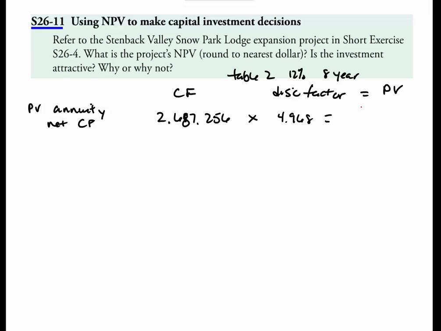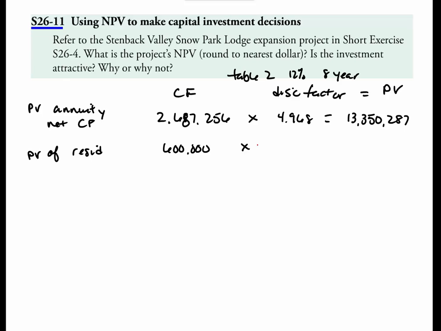So in this case, that is $13,350,287. So that extra cash flow of $2.687 million a year for the next 8 years is worth $13,350,287 in today's dollars. If I take the present value of the residual value, so at the end of it, it's worth $600,000, which is what they told us.